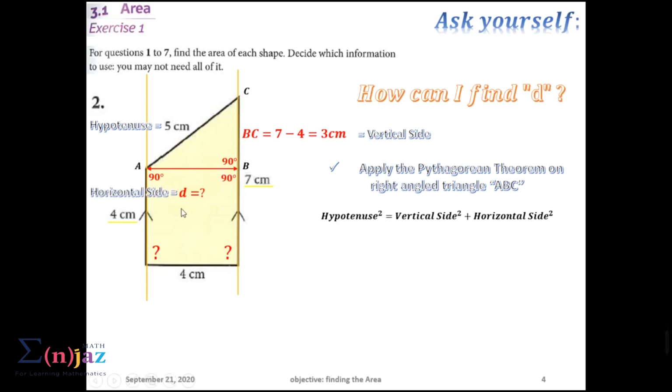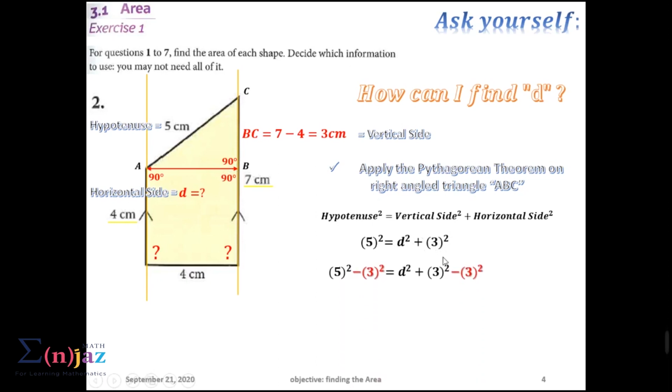So we substitute the hypotenuse now in this rule. So 5 to the power of 2 is equal to the vertical side, 3 to the power of 2, plus D to the power of 2.